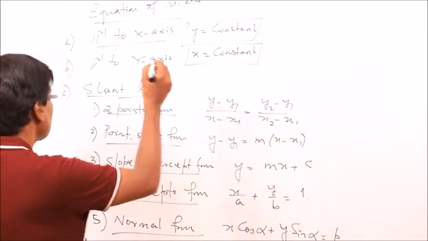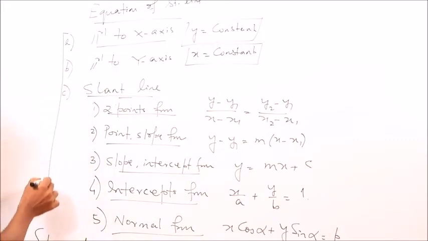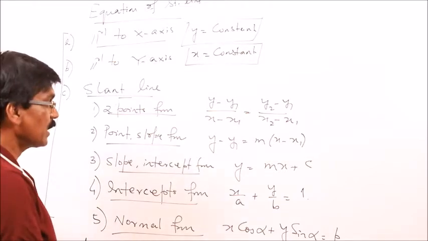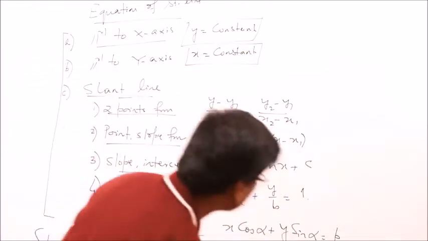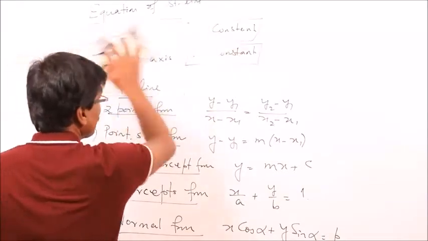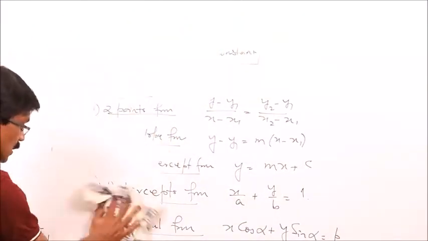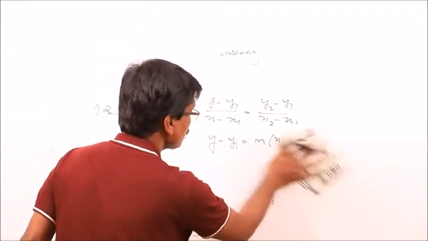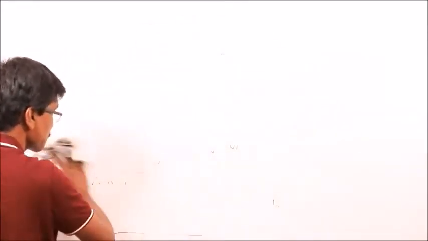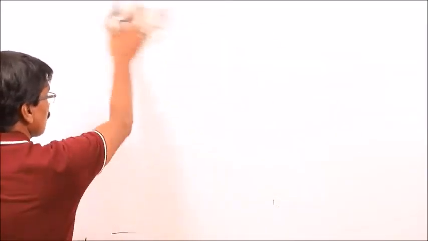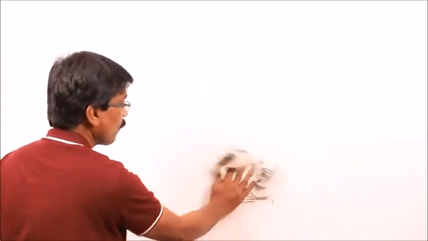So from all this we conclude we have a general equation of straight line, because a straight line is a first degree equation in x and y. So what is the general equation, which will define all the conditions?